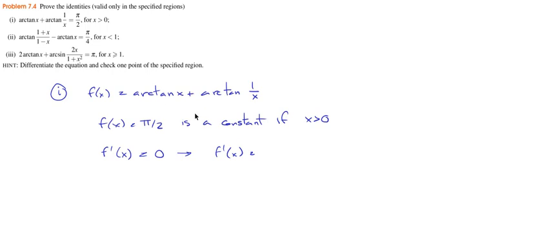The derivative of the arctangent of x is 1 over 1 plus x squared, and the derivative of the arctangent of 1 over x is 1 over 1 plus 1 over x squared, times the derivative of 1 over x, which is minus 1 over x squared.